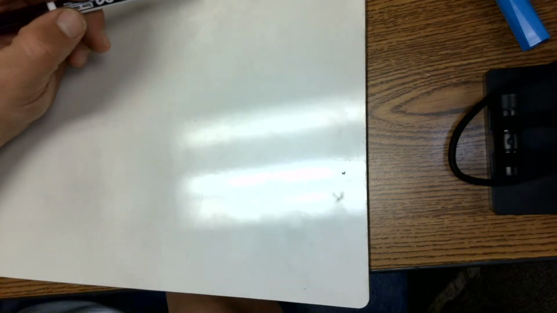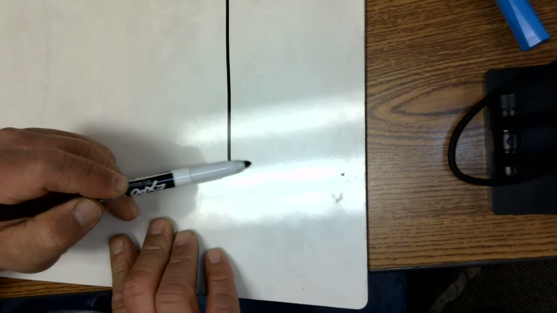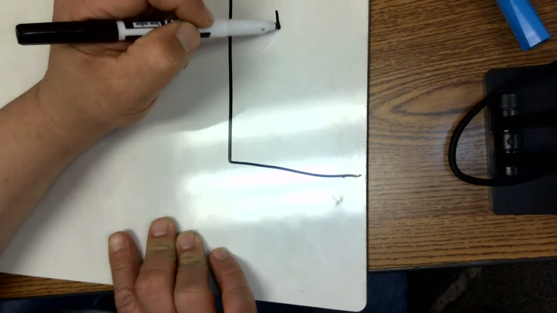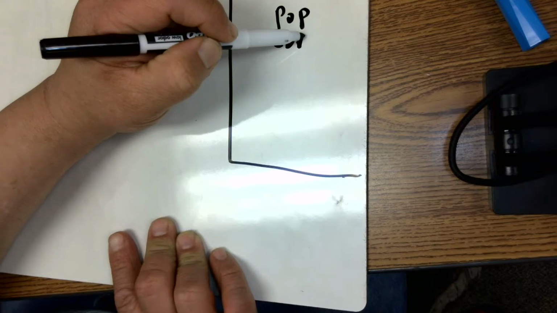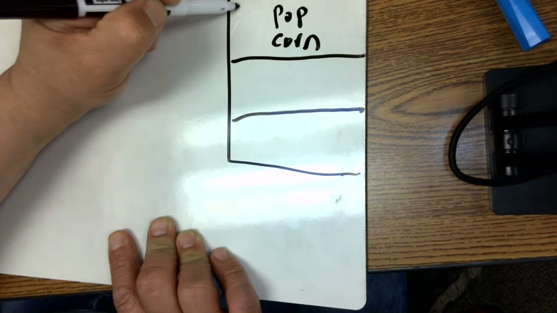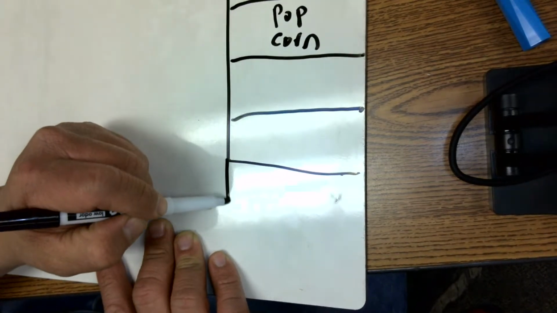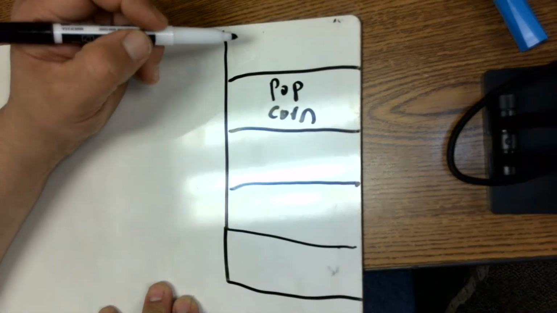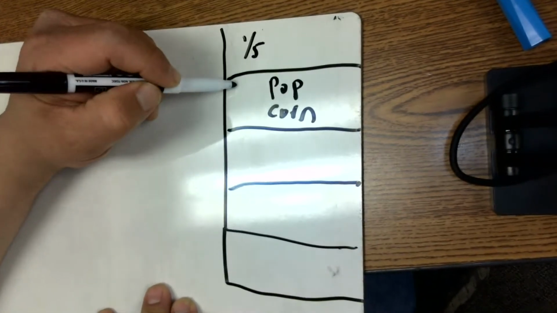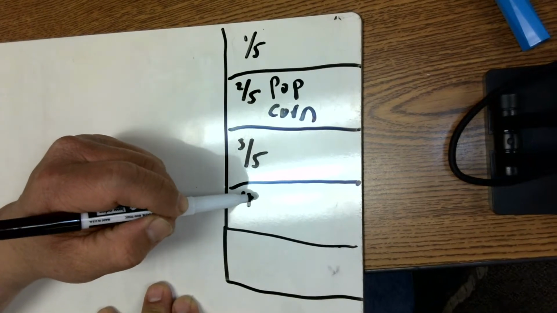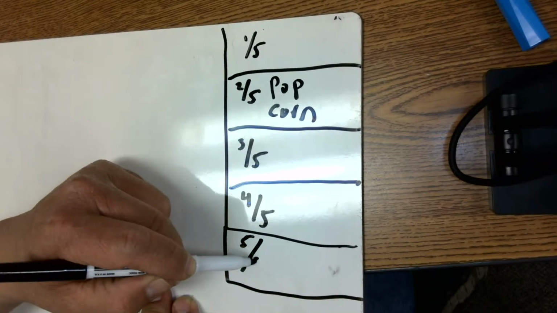Okay. So we got a bag of popcorn, right? Yummy, yummy popcorn. Here we got 1/5, 2/5, 3/5, 4/5, and 5/5.